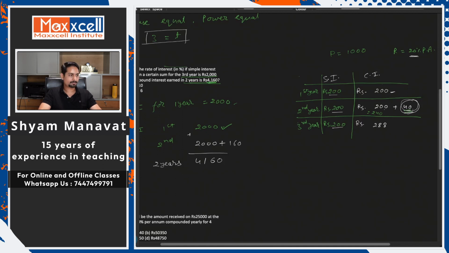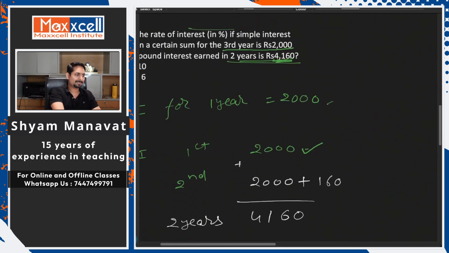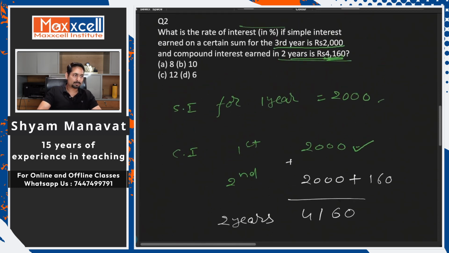That's how we got 40, right? This 40 is 20% on the previous interest, or I would say first year interest. That means this 160 should be some percent on the first year interest, 2000.